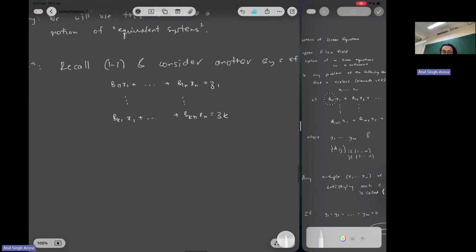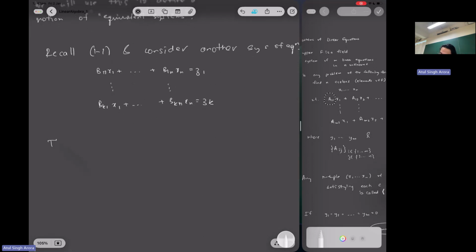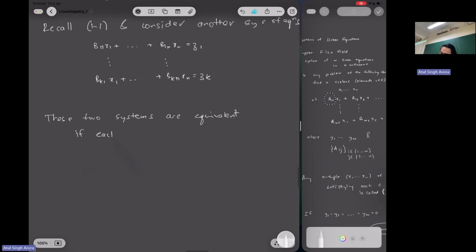So these are the system of equations. We say that these two systems are equivalent if each equation in each system is what?